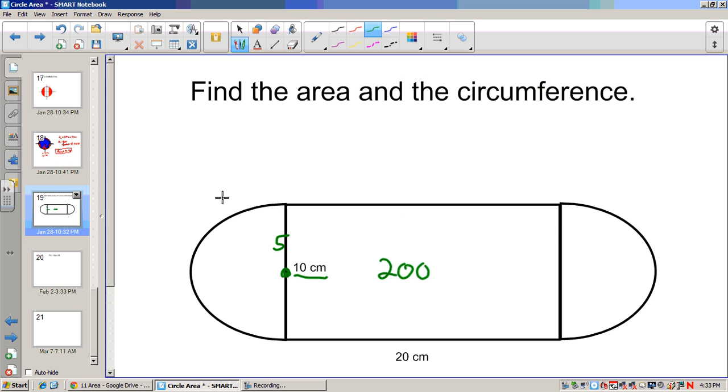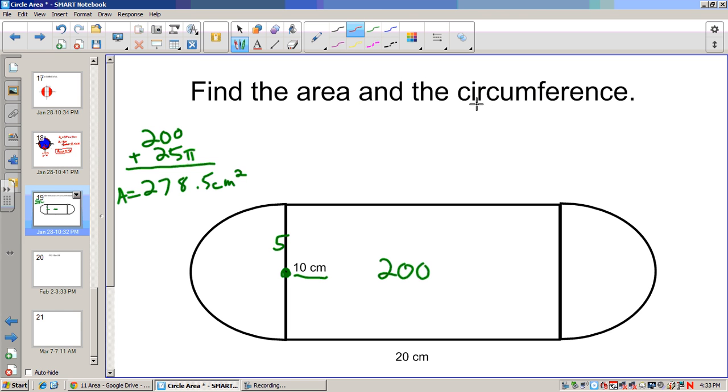So that plus that is going to be 25 pi. So if I add those together, I will get the area of that entire object. So that's 278.5. That's my area in square units, or square centimeters.